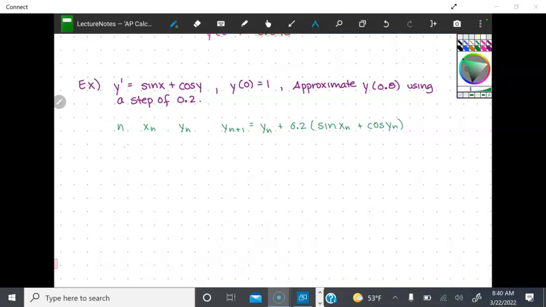And I'm just going to go ahead and set up, we're going to start at that. So x starts at 0. Again, in this case, it doesn't always have to start at 0. And then I'm increasing by 0.2 each time. So we're going to go to 0.2, 0.4, 0.6, and we're trying to find when x is 0.8. So we're going to go up 4 times.